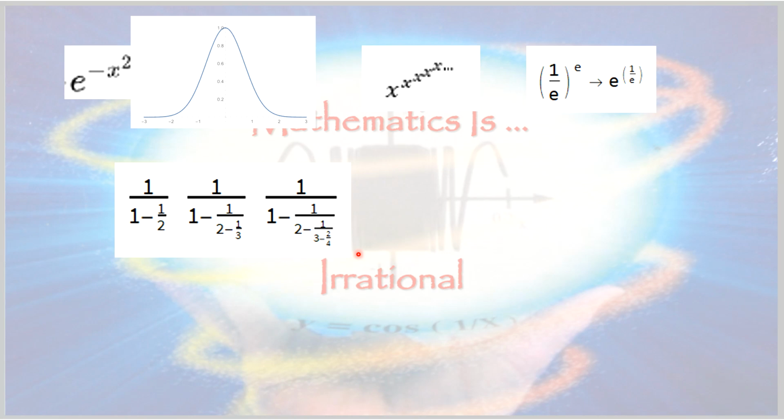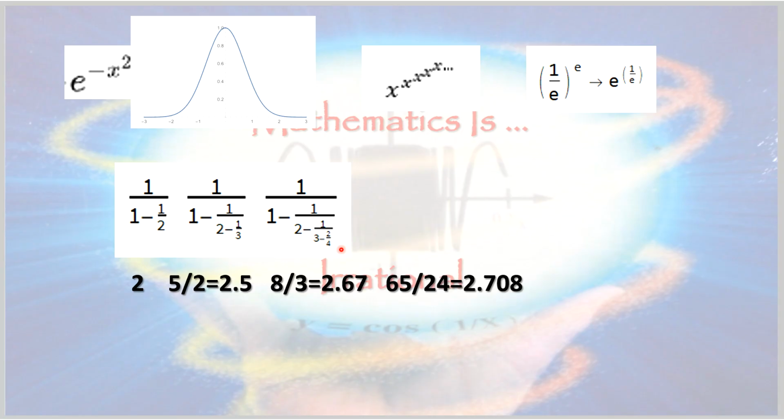At each stage, the last denominator is n, which is replaced at the next stage with n minus n over n plus 1. These fractions compute to 2, 5 over 2, 2.5, 8 over 3, 2.67, 65 over 24, 2.7083, and the sequence converges to e.